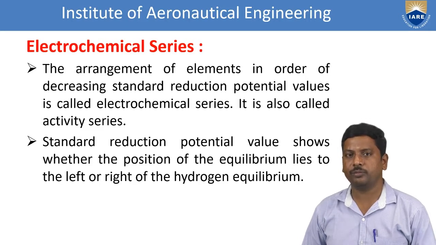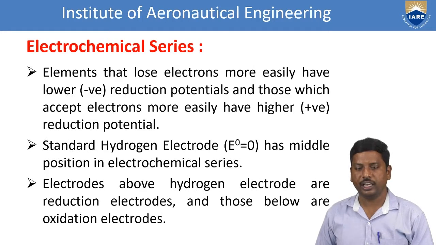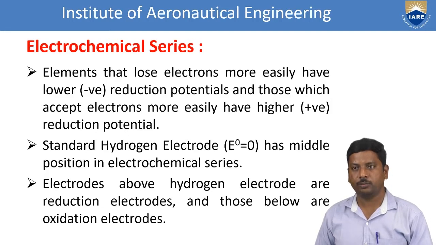As we move from top to bottom of the series, the standard reduction potentials increase. The element with the higher reduction potential is the more stable element. Elements that lose electrons more easily have lower reduction potentials, and those which accept electrons more easily have higher reduction potentials.